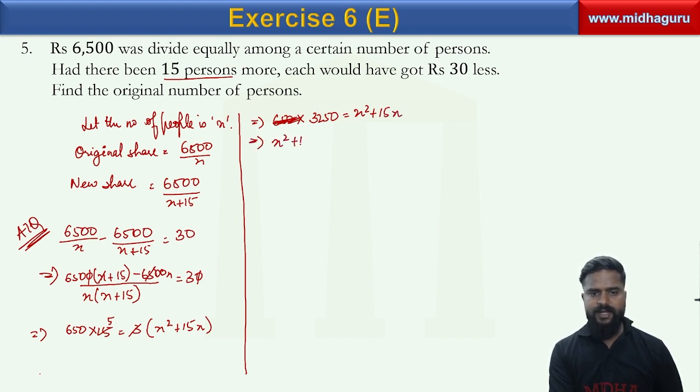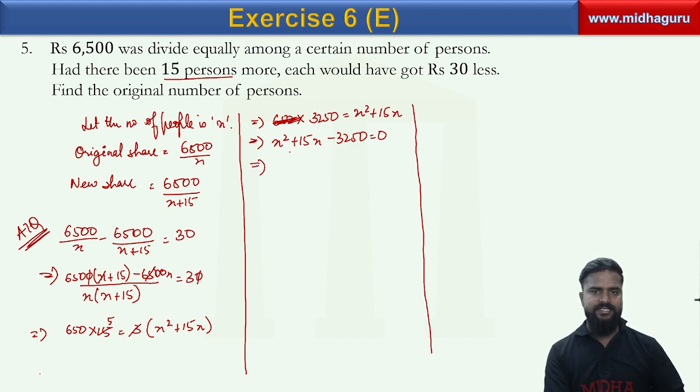So I take it to one side, I get x square plus 15x minus 3250 is equal to 0. Now I'll split 15 such that the sum of the coefficients is plus 15 and the product is minus 3250. So we have 65x minus 50x minus 3250 is equal to 0.